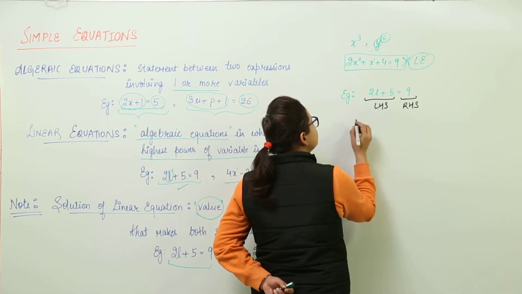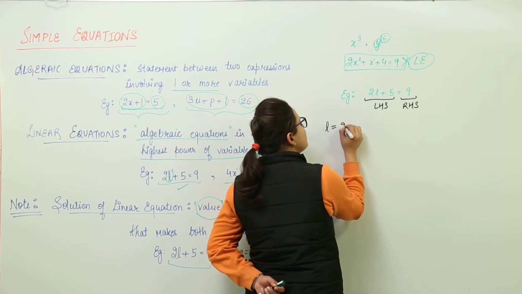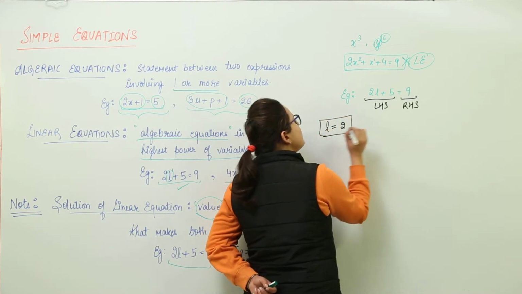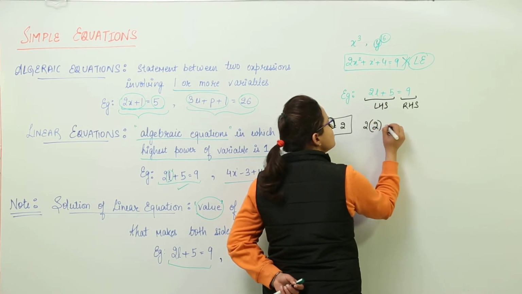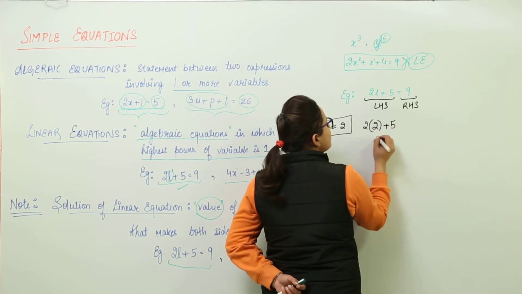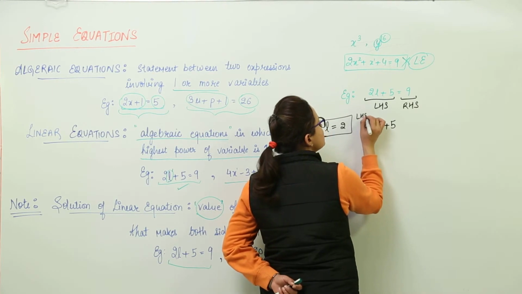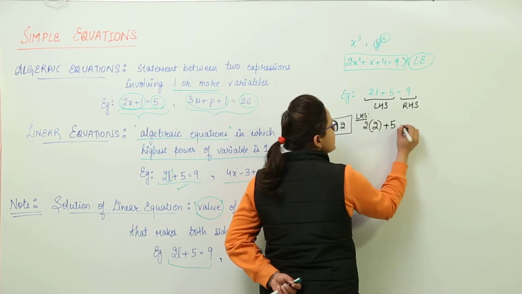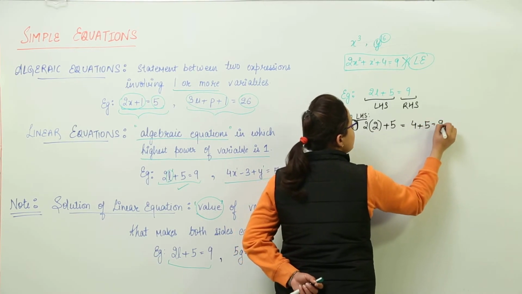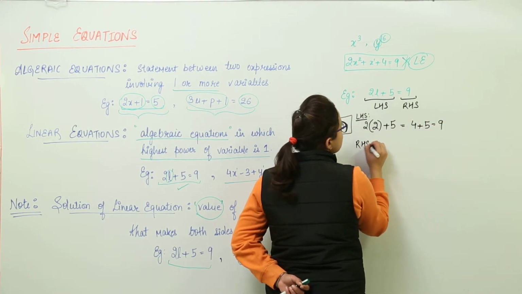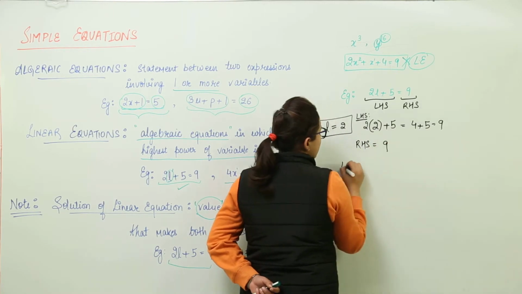Let us check if L is equal to 2, that means you put the value of L as 2 in 2L plus 5. We are doing this for the left hand side, so the left hand side comes out to be 2 into 2, 4, plus 5, which is 9. And what was the right hand side? Right hand side was already 9.